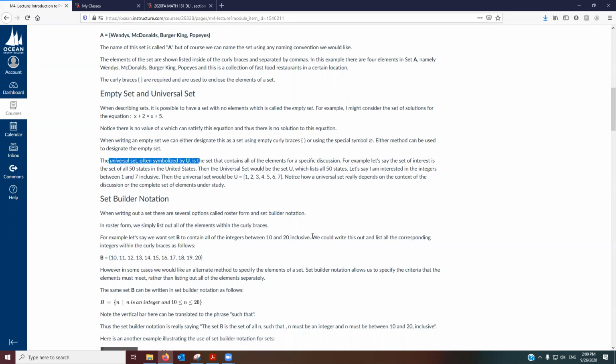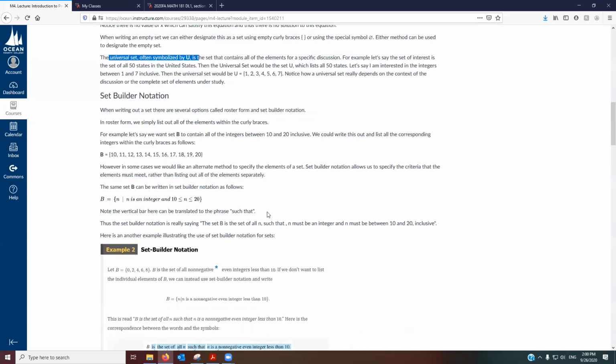U would be the set of all possible elements that I could select from. For example, if I was interested in the set of 50 states, the universal set would be listing out all 50 states. Maybe I only want the states that are in the Northeast. I could list out the states in the Northeast separately, but the universal set would be giving me the collection of all the states I could select from.